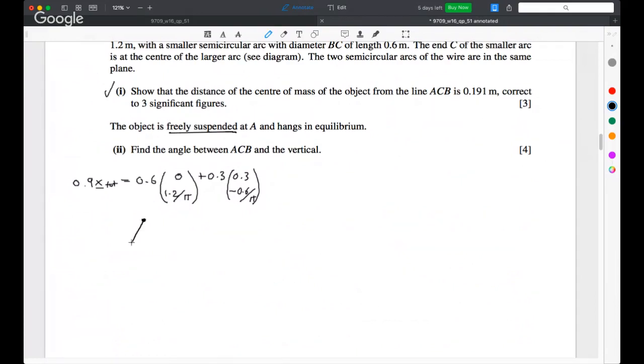So it's going to look something like, okay, something vaguely like that.